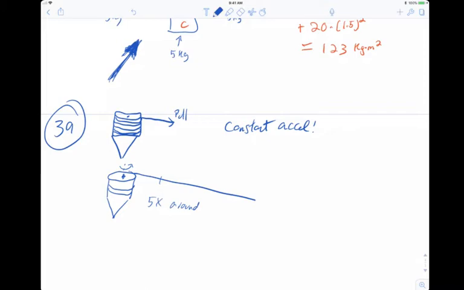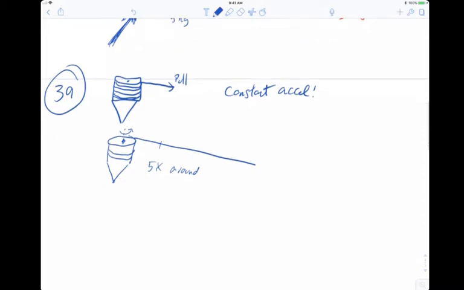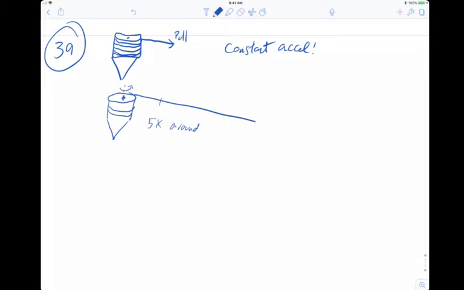We want to do everything in terms of angular velocity. Well, hold on. Let's look at it from above. This is what it looks like from above. There's the rope, and I'm pulling it.